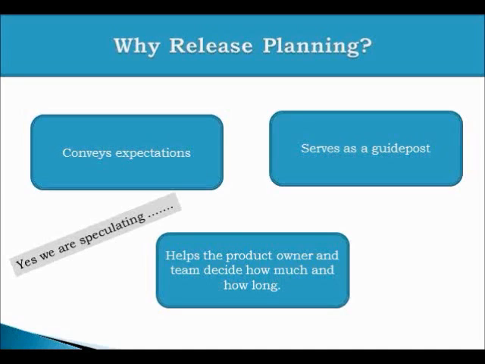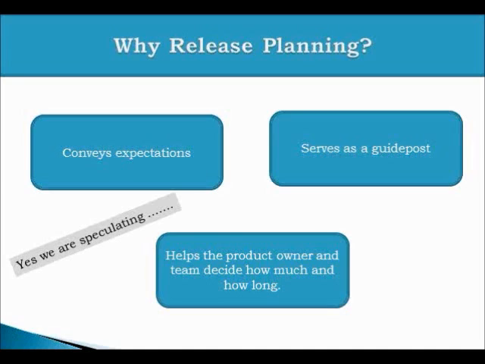And yes, we are speculating. A release plan is not a very deterministic plan. Things will change. It's just a plan. It's not a commitment. So there is speculation, and there is uncertainty involved in a release plan. The stories picked in release planning are going to change.